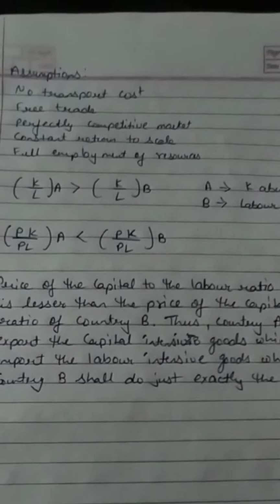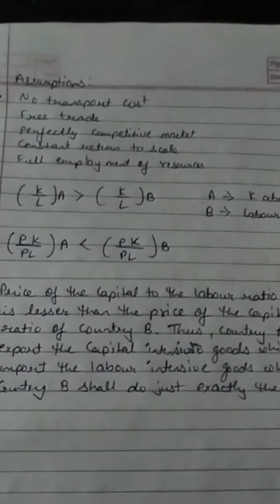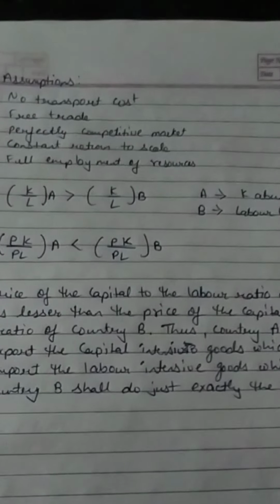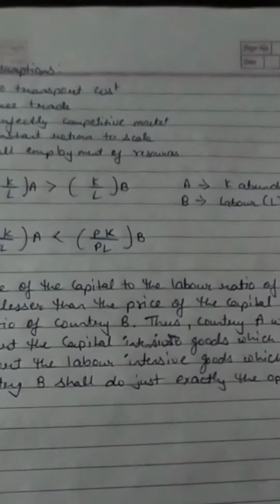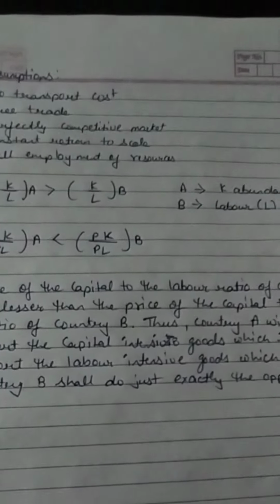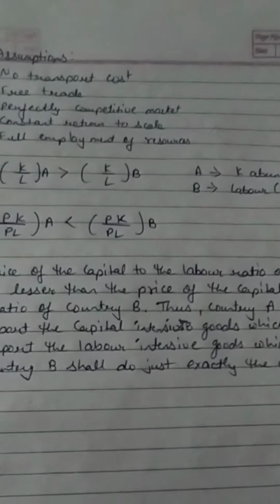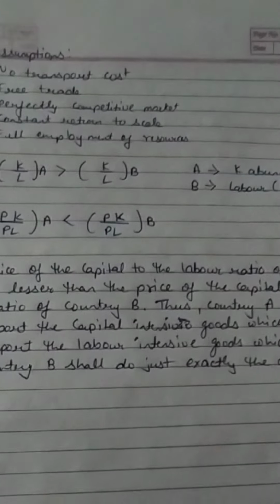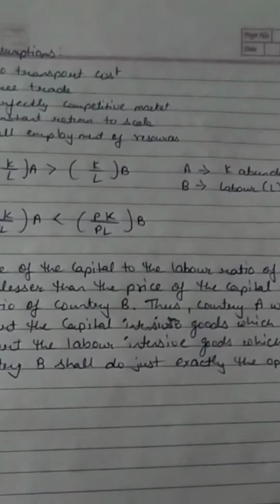So if the capital to labor ratio of country A is greater than the capital to labor ratio of country B, then the price of capital to labor ratio of country A is lesser than that of country B. Thus, country A will tend to export the capital-intensive good, which is X, and import the labor-intensive good, which is Y, and country B shall do exactly the opposite.